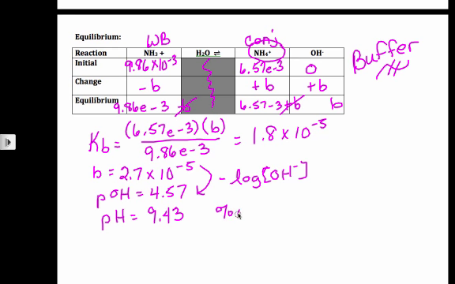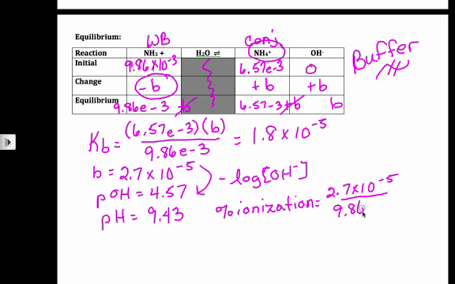And we know that because when we calculate the percent ionization, we get the amount that ionized, x, which is 2.7 times 10 to the minus 5th, over the original 9.86 times 10 to the minus 3rd, times 100.